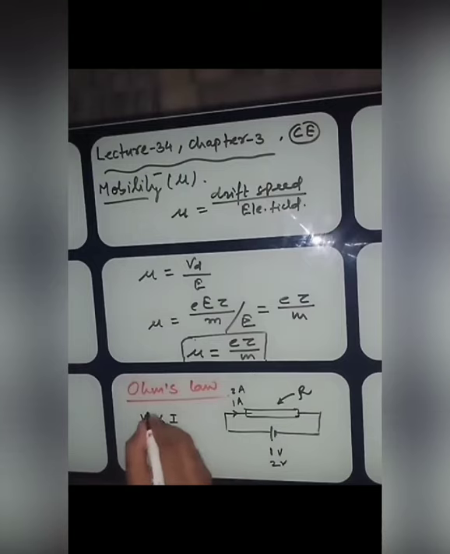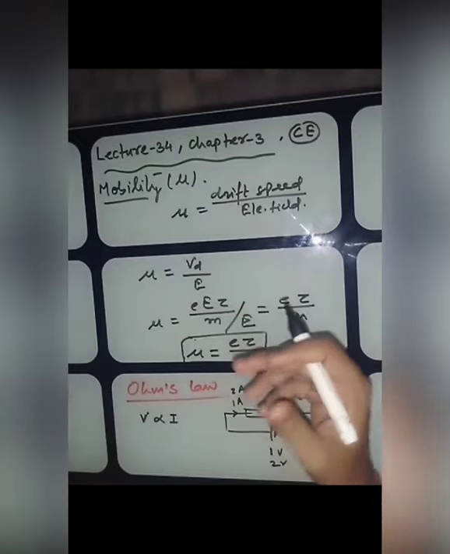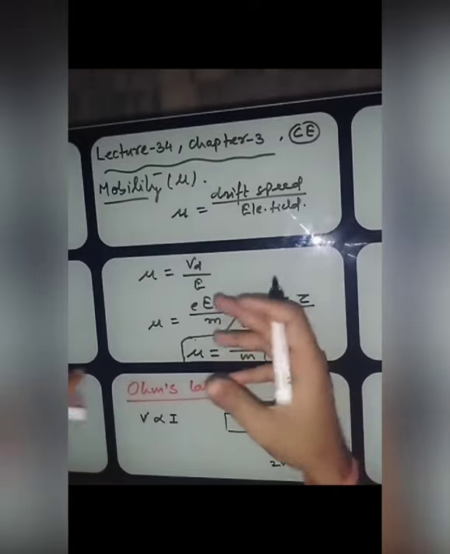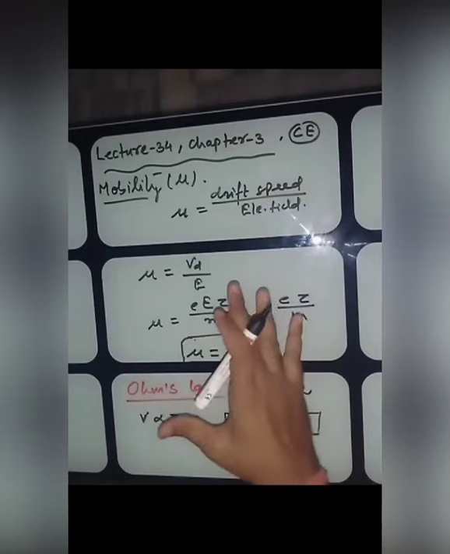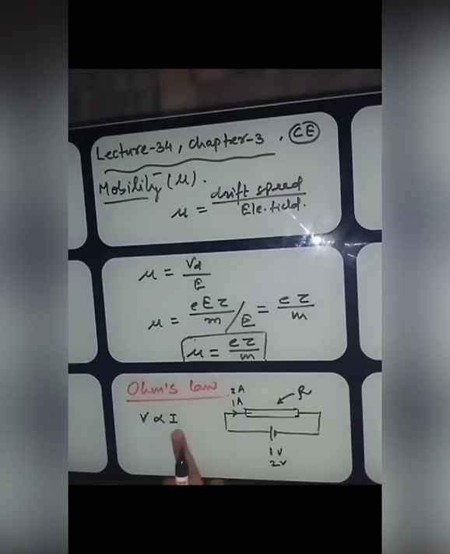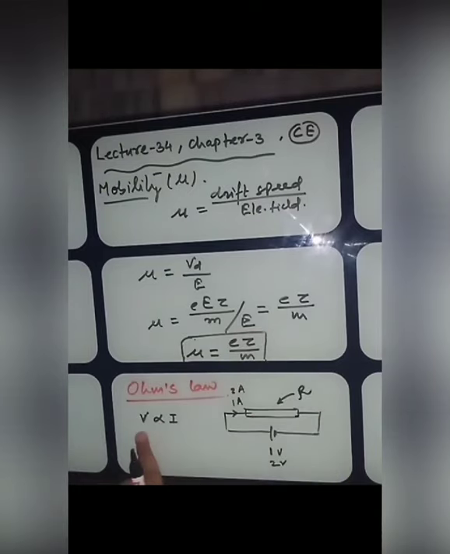As voltage was increased, the current also increased, and then Ohm concluded this for a few conductors, because the experiment was done for various conductors and the same linear relation was not found for all of them.